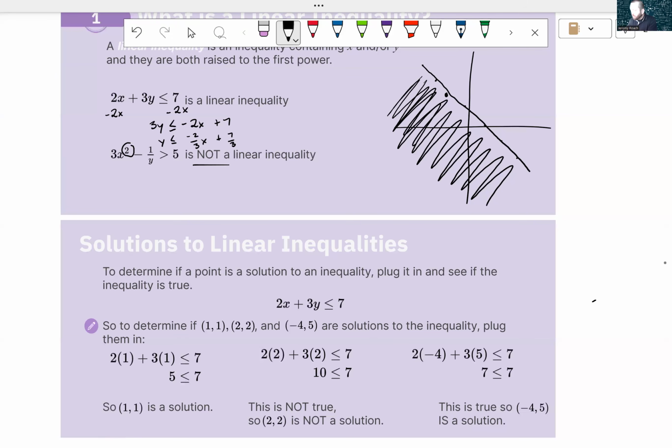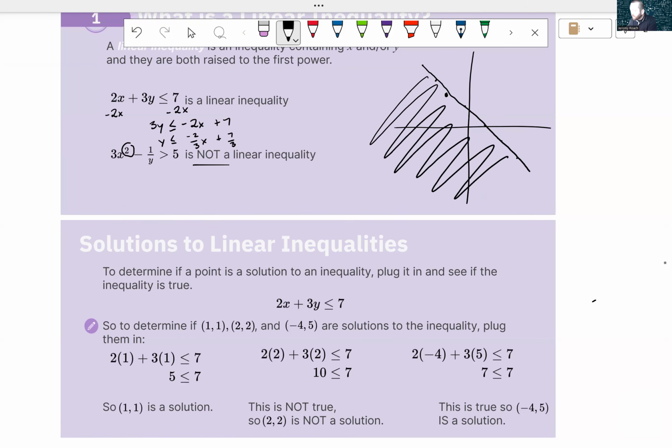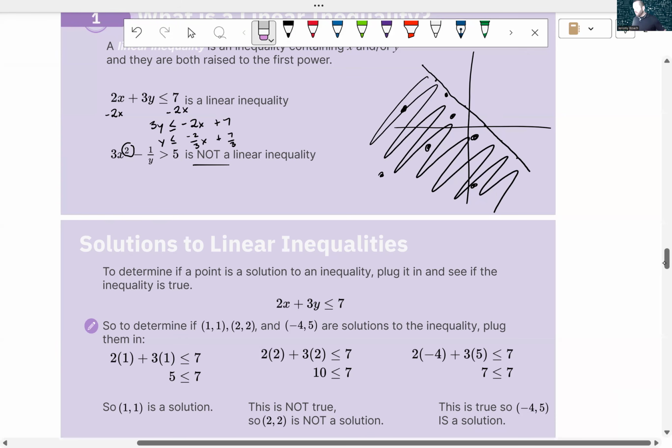And if I shade it a little bit more, that might make a little more sense. It's everything on this side of the line. So any point over on this side of the line is considered a solution to the inequality.